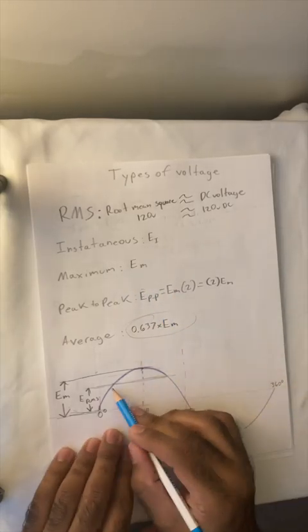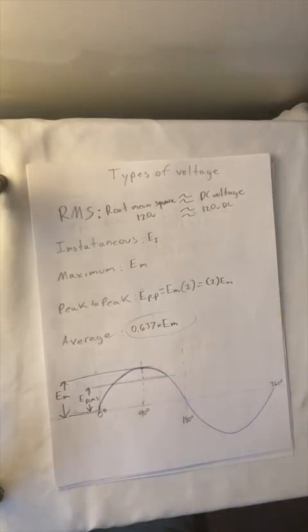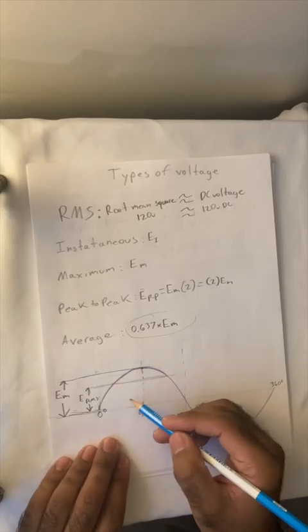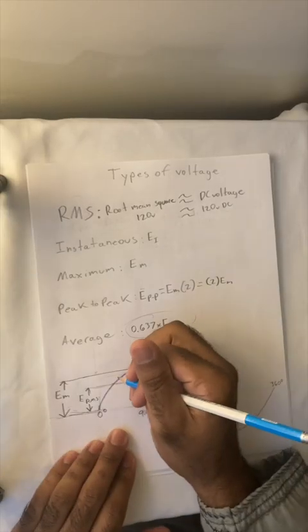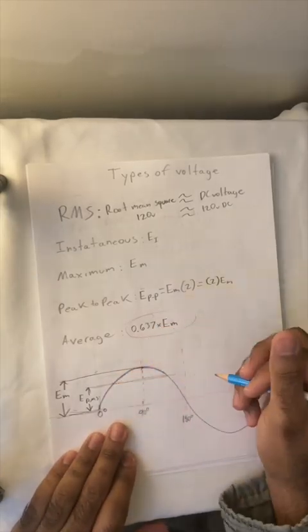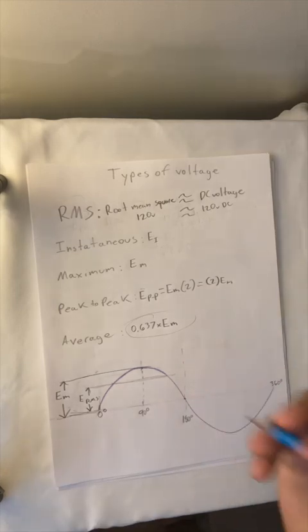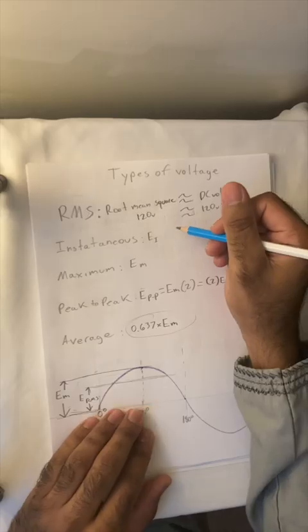If it were found at some other angle, for example 180 degrees, as we mentioned previously, it would be 0.